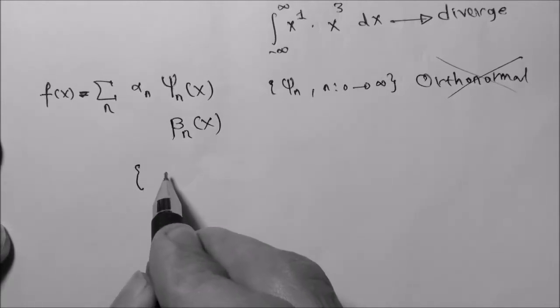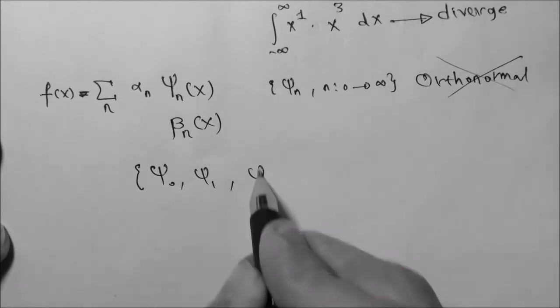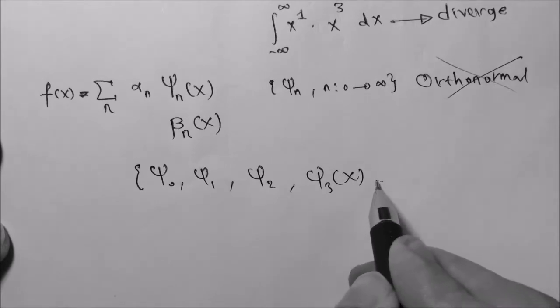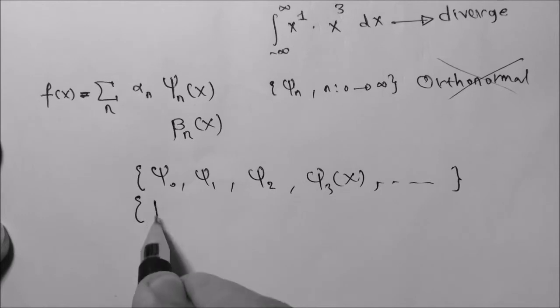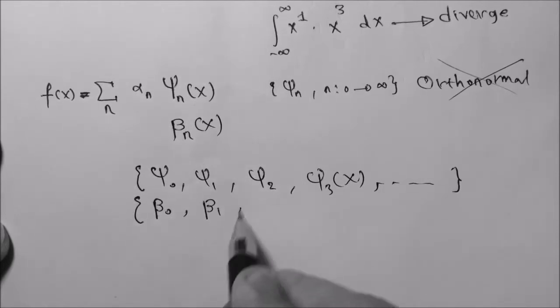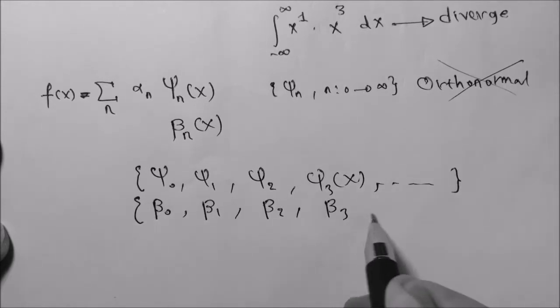The family of psi n, psi naught, psi 1, psi 2, psi 3 of x, and so on. And then we have beta family, beta naught of x, beta 1 of x, beta 2 of x, and beta 3 of x, and so on.